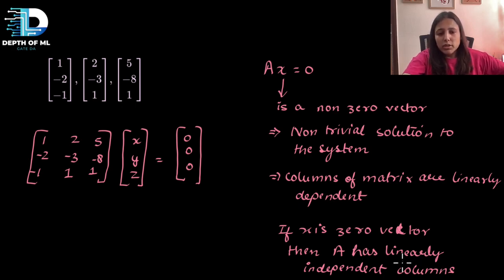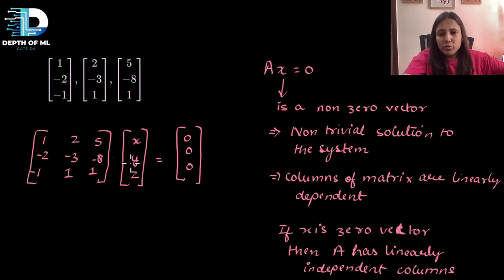If I multiply this matrix with a non-zero vector and it gives me a 0 vector, then this vector exists in the null space of matrix A. But if the only solution to get a 0 vector is when this vector is a 0 vector, then I know that this is a full rank matrix. When I know this is a full rank matrix, it means that all the columns in this matrix are linearly independent.